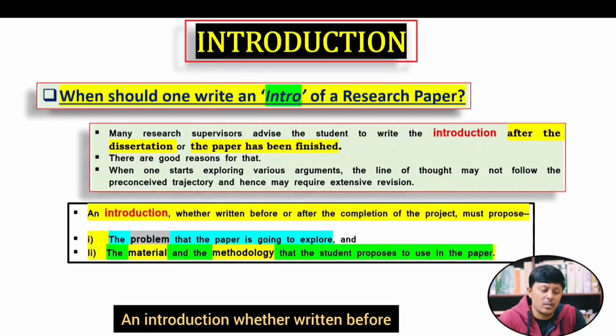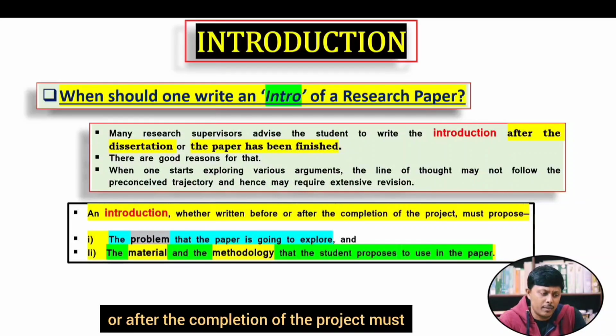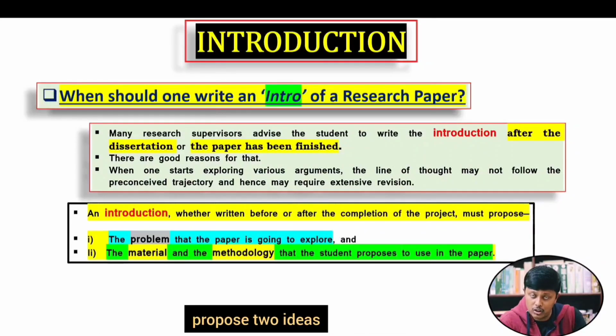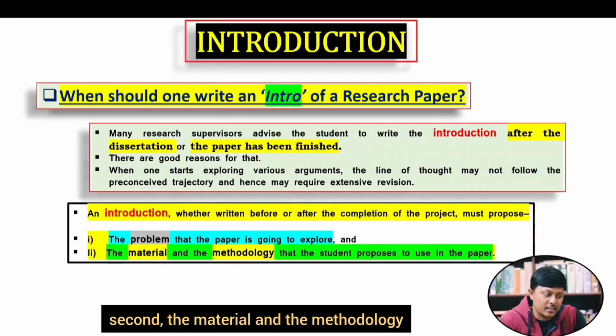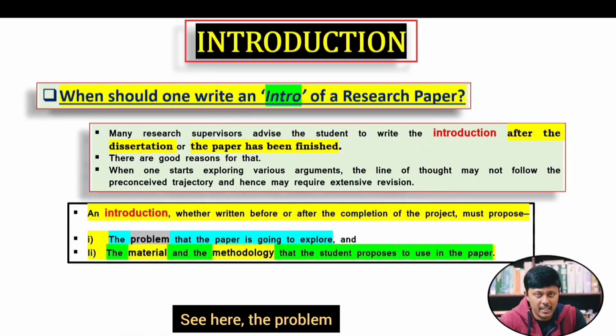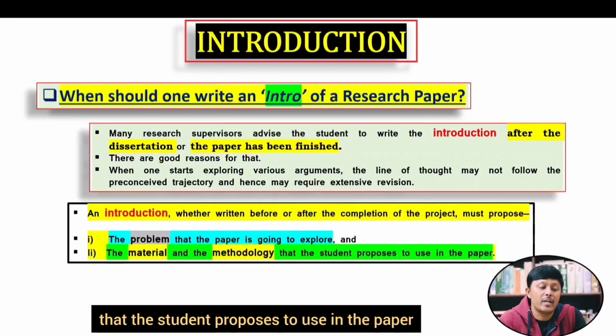An introduction, whether written before or after the completion of the project, must propose 2 ideas. First, the problem that the paper is going to explore. Second, the material and the methodology. See here, the problem, material, and methodology are all in different colors, that the student proposes to use in the paper.